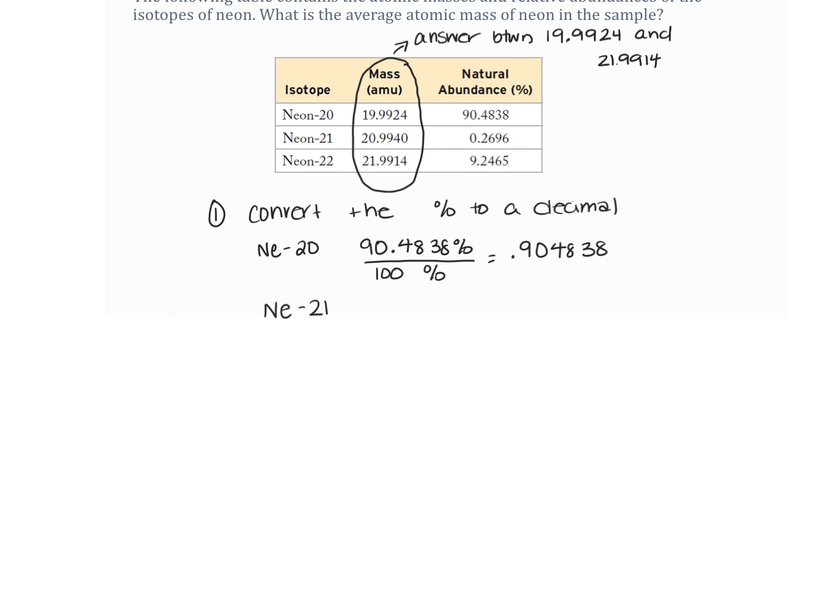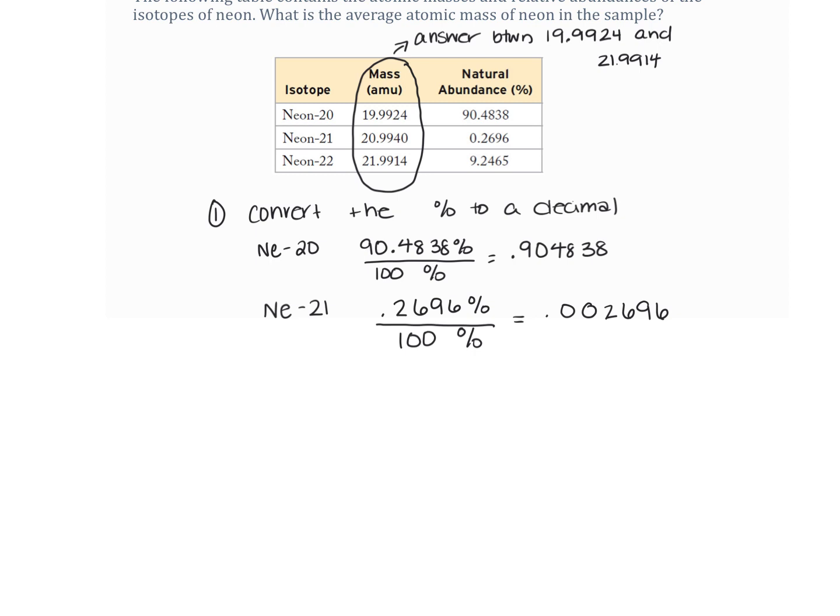Then for neon 21, I looked at the wrong number. We're going to come here and we're going to do 0.2696%. We're going to divide by 100%, and that gives us 0.002696.